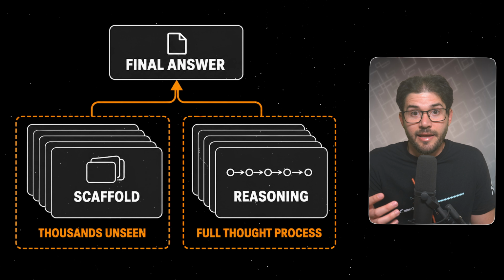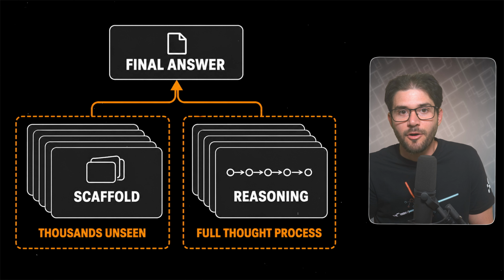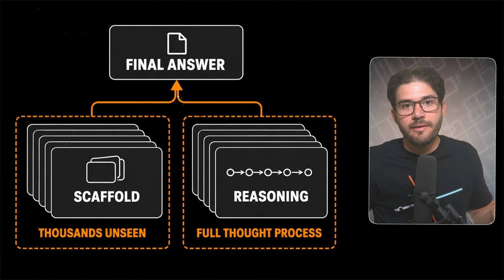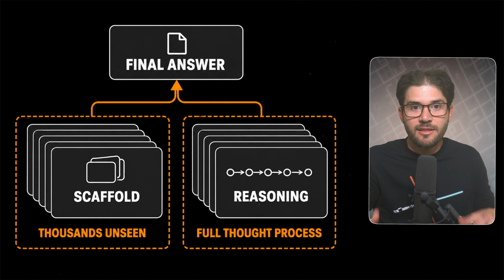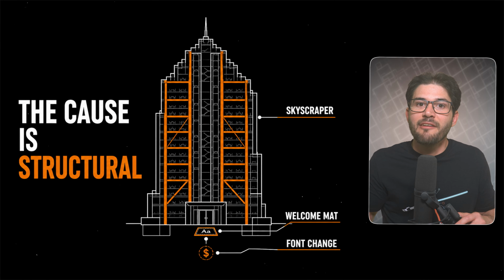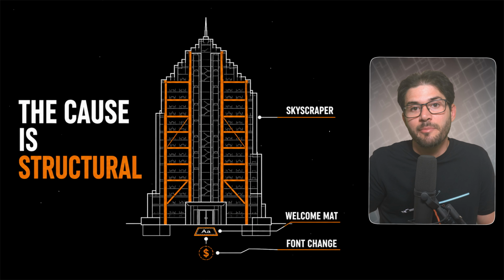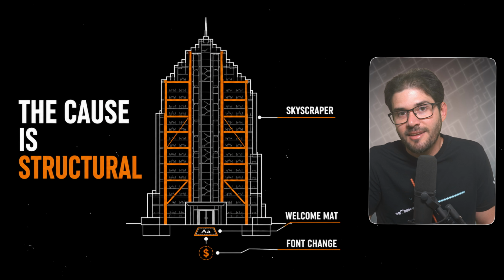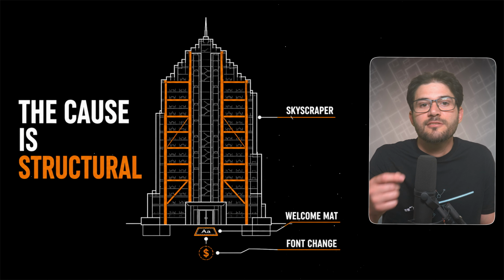Second, you have these scaffold tokens, which are hidden prompts and metadata that add thousands of tokens that you never see. And finally, you have these reasoning tokens. You pay every time the model's entire thought process is executed, not just the final answer. Focusing on optimizing your personal prompts is like trying to save money on a skyscraper by changing the font of the welcome mat. The real cost is structural.